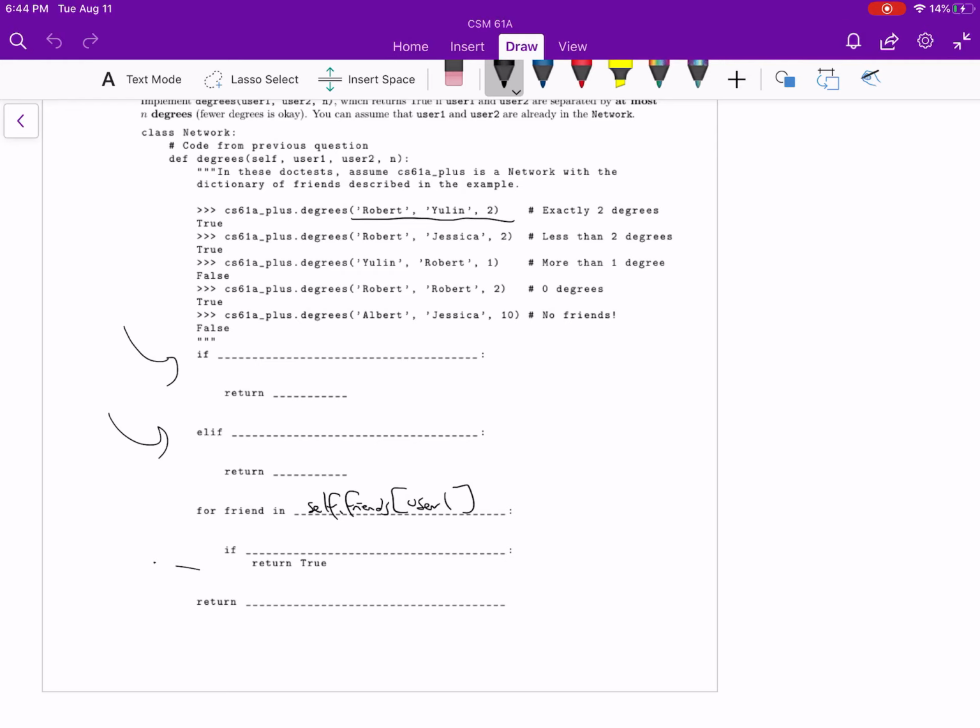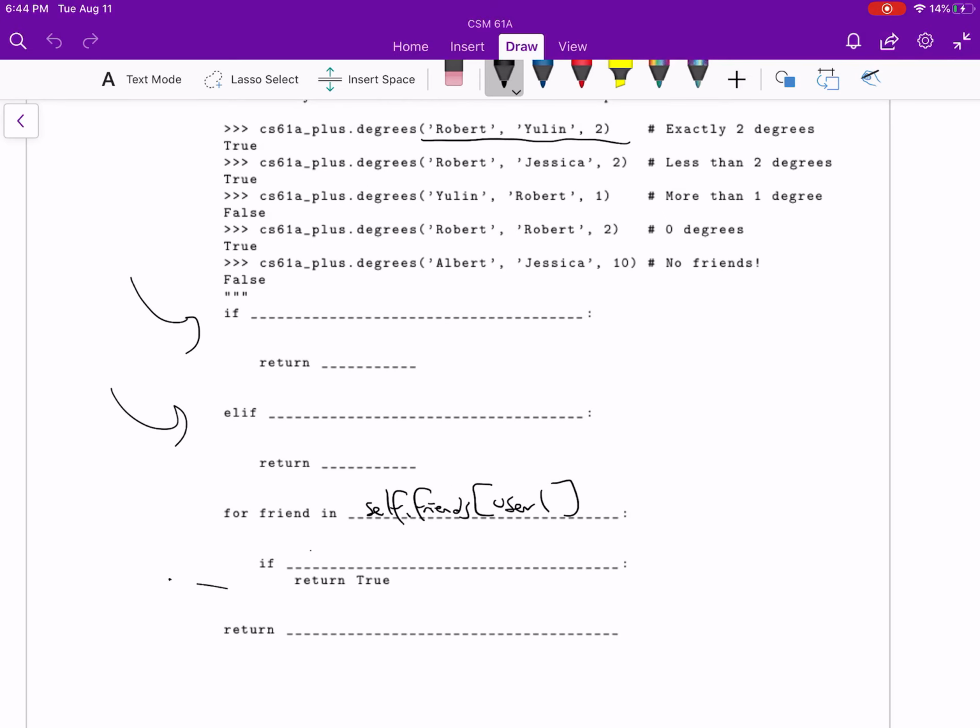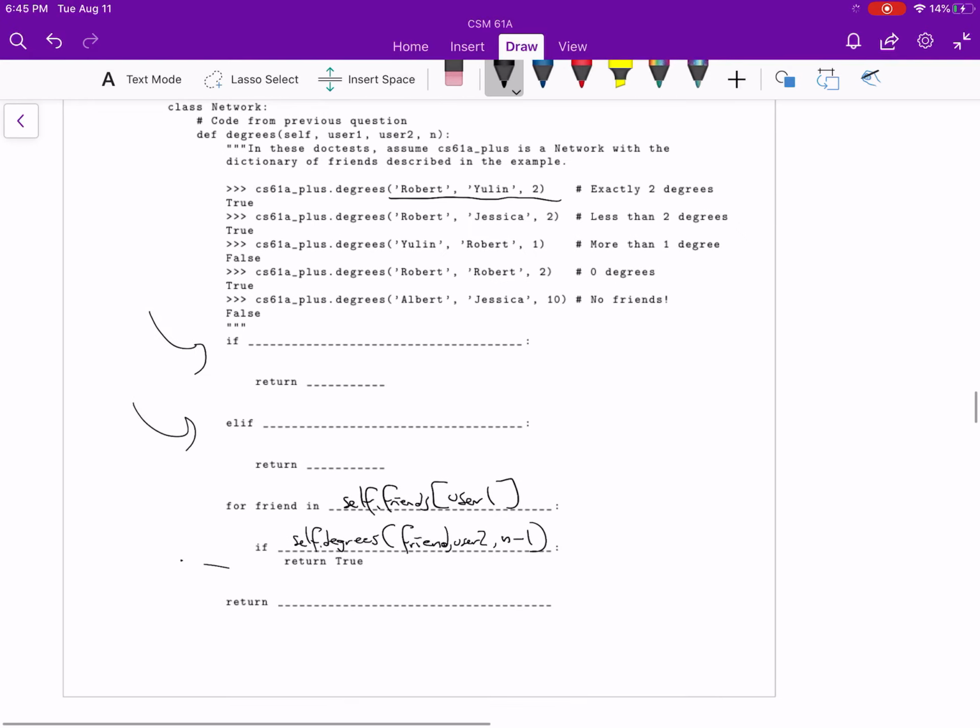And we iterate through those friends, and then we see if self.degrees of that friend and our target user are n-1 or less degrees away. So every time we go through a friends list, we just reduce the degrees by 1.